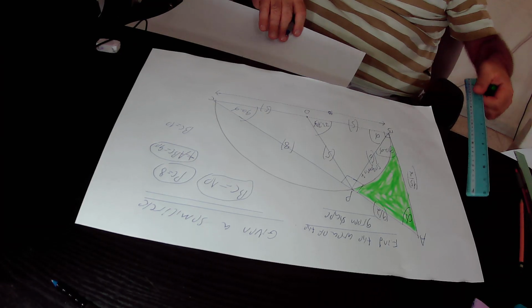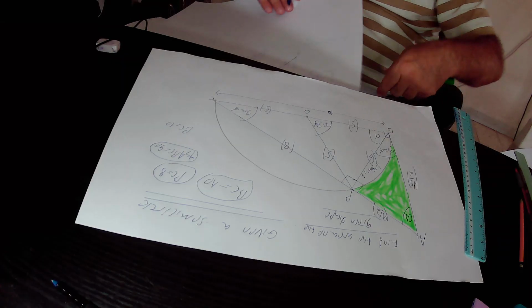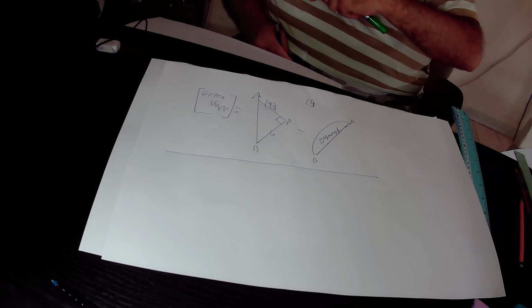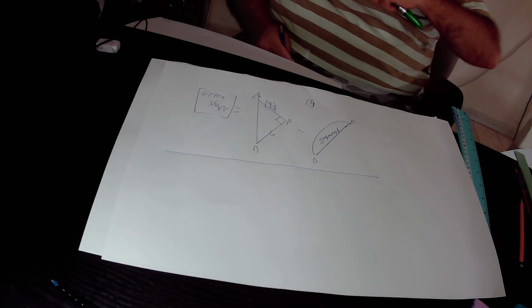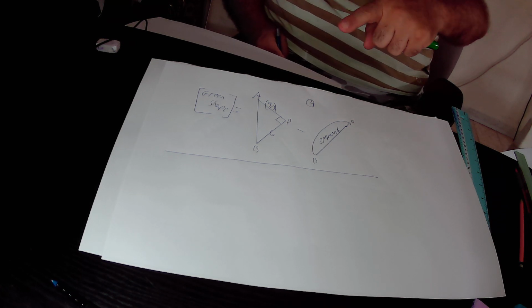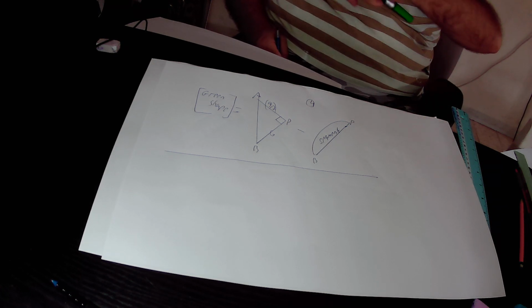So repeat again, the area of this green shape is equal to the area of the right triangle ABP minus the area of segment BP. What is the area of this right triangle ABP? It is equal to the base times the height over 2.